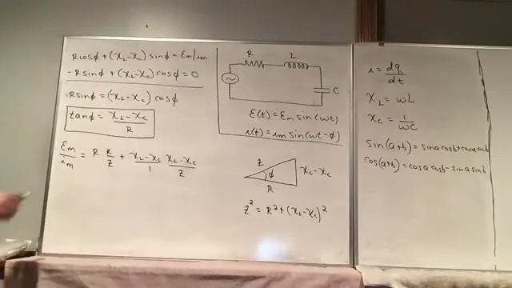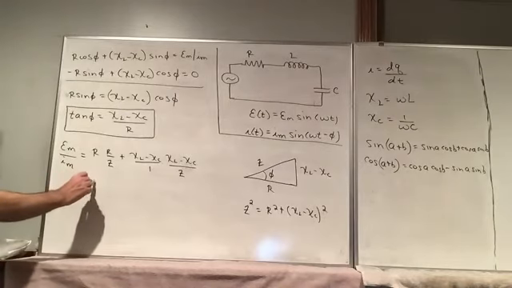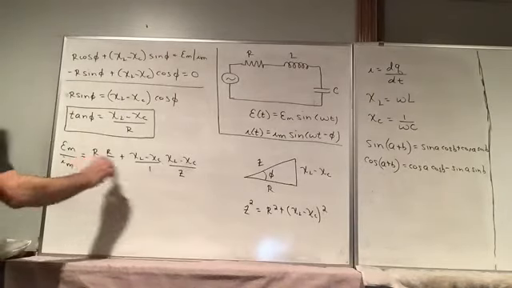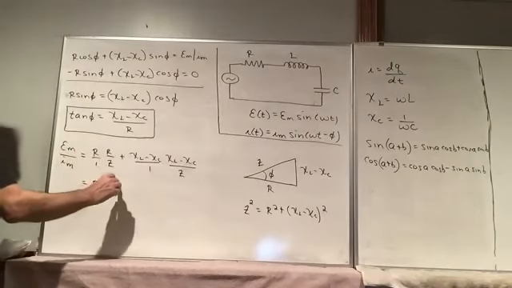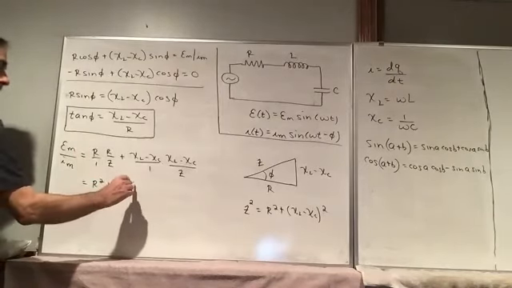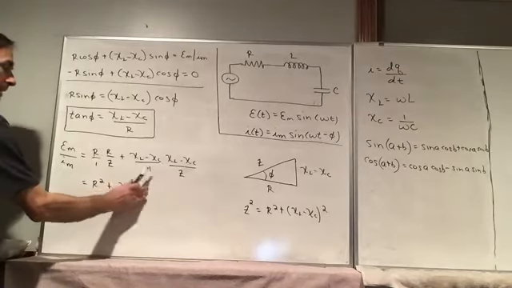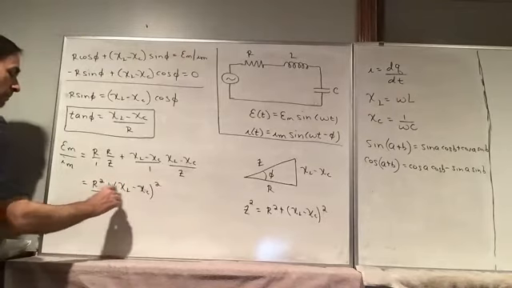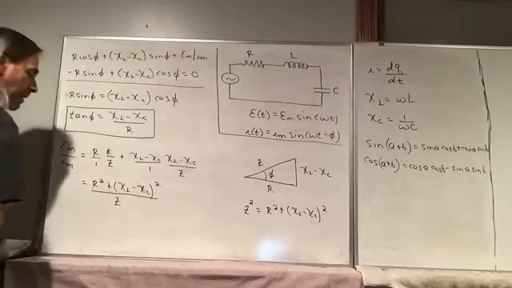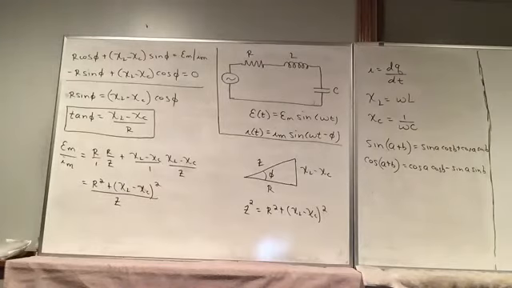And now we're practically done. So this is r squared. Both of these have a common denominator of z. So r squared plus xi L minus xi C squared, divided by z. And this is z squared on top.